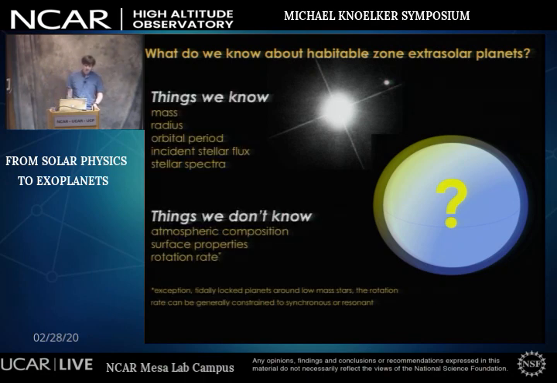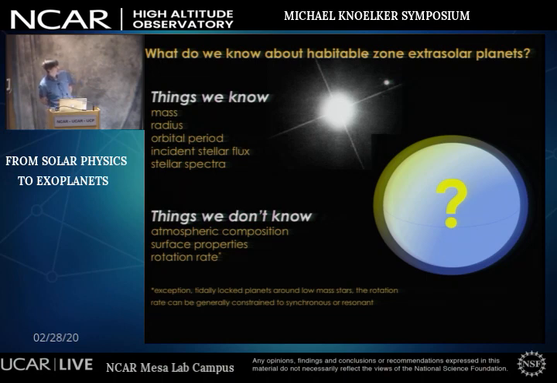So we know the mass. If we're lucky and we have transit and radial velocity measurements, we know the mass, the radius, the orbital period. We know something about the star, the star's luminosity, its stellar spectra, so we know the incident stellar flux on the planet. Things we generally don't know: the atmosphere, except for the very limited cases where we have spectra for hot Jupiters, but this is not the case for terrestrial planets.